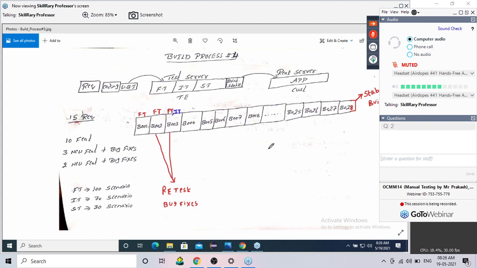I'll repeat. You finish your functional testing and retesting of bugs within 3 days. 2 days are left in this test cycle. Don't sit idle. Whatever remaining bugs are there, the developer will fix. Why don't you start your integration testing also? Possible.